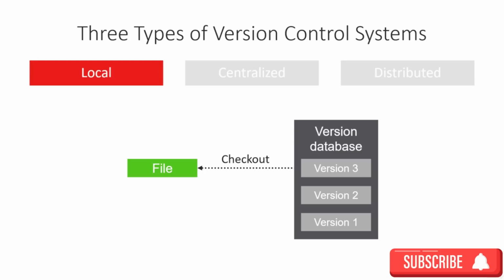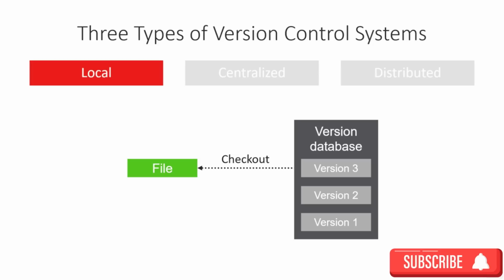This is also known as a checkout. Of course, if you have a whole folder structure with multiple files, you get that whole structure for a specific version. In this case here, let's assume we have just a simple file and you can grab it with a specific version from the version database.